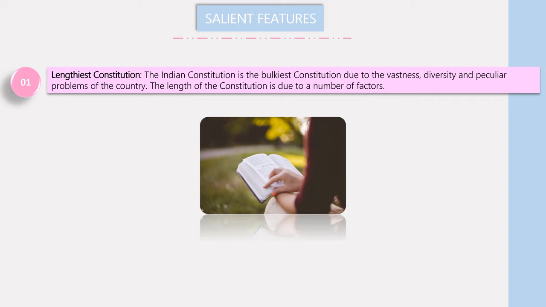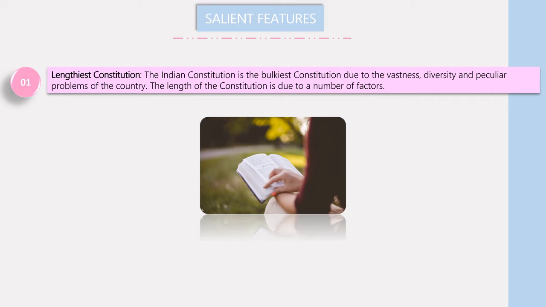Fifth, the Constitution has provisions about the organization of the judiciary, the Public Service Commission, the Election Commission, so as to not jeopardize the smooth working of democracy.